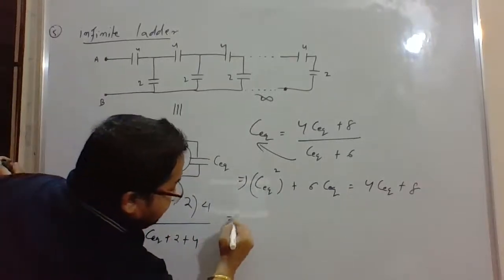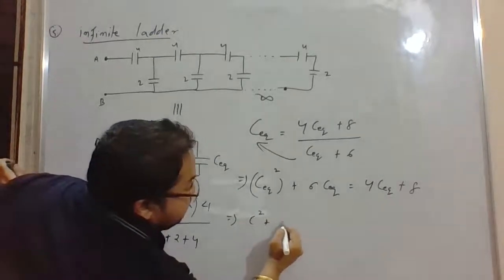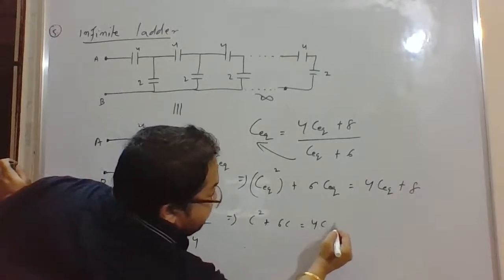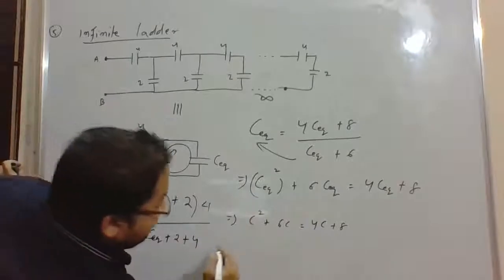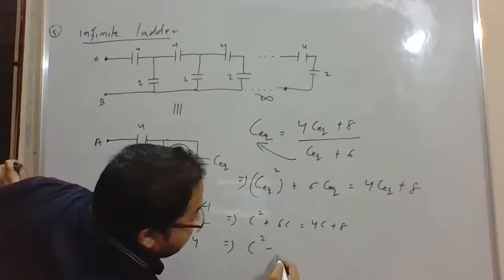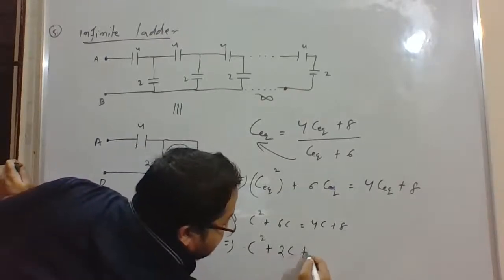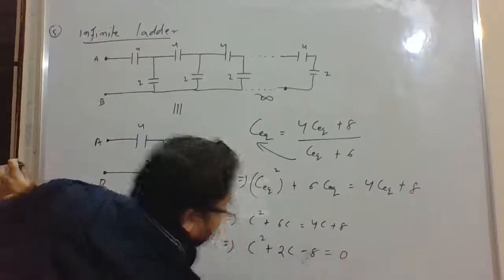So this is C squared plus 6C equal to 4C plus 8. Now let me bring everything to one side, so this becomes C squared plus 2C minus 8 equal to 0.